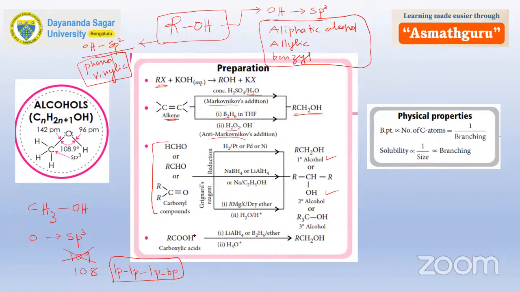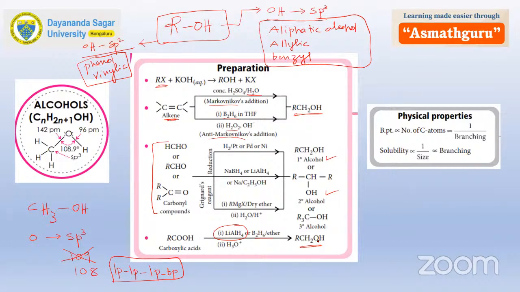But for carboxylic acids, we have to use strong reducing agents, lithium aluminium hydride or diborane. Then only it undergoes reduction to form an alcohol. Very, very important that you remember.